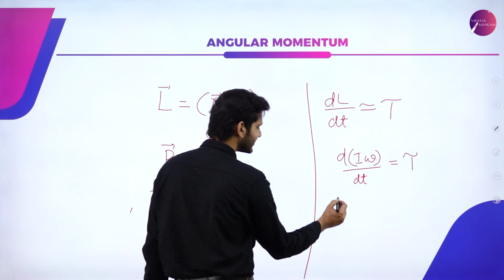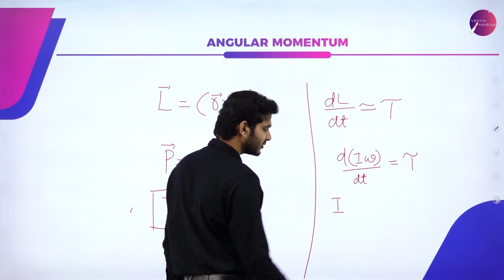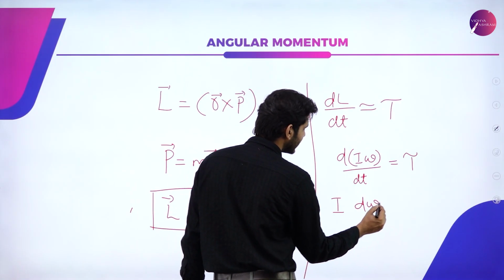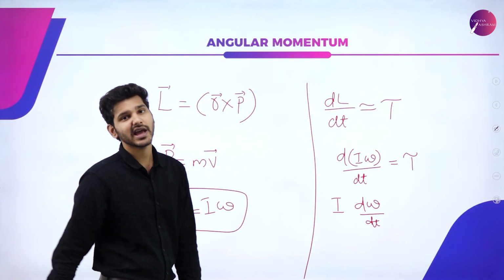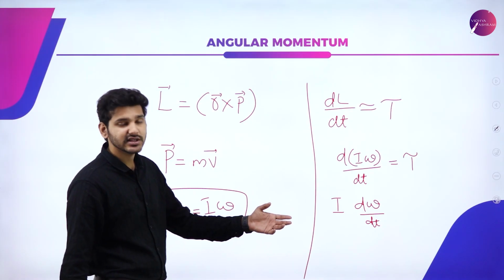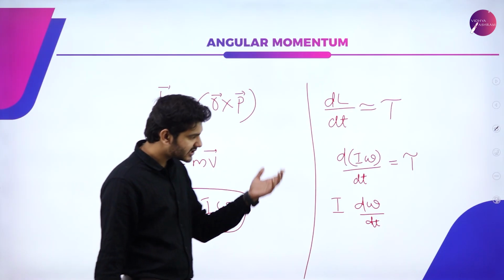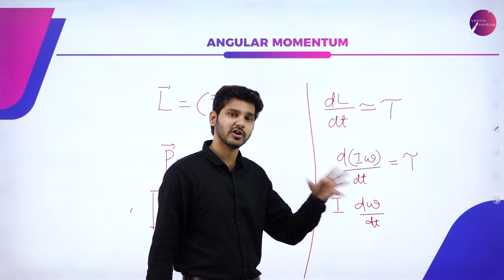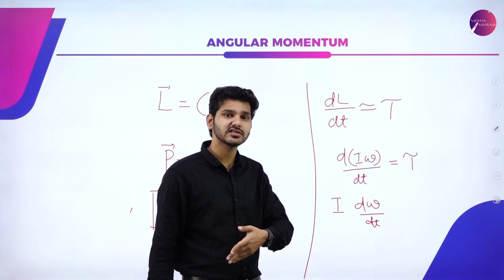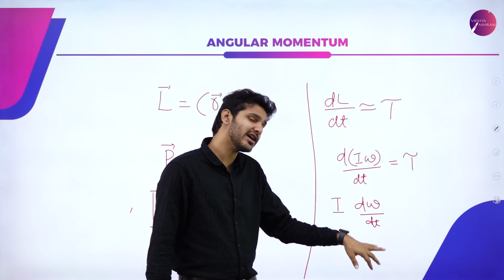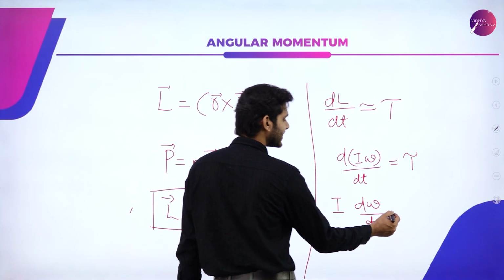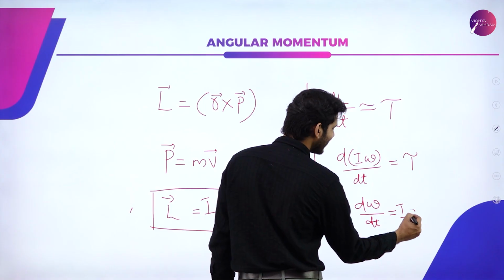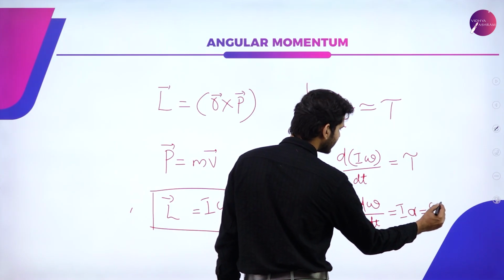So I is a constant which comes outside, and the only remaining quantity is d omega by dt. Omega is angular velocity. The rate of change of velocity is acceleration, so the rate of change of angular velocity is angular acceleration. So I can write this as I alpha, which is equal to tau.